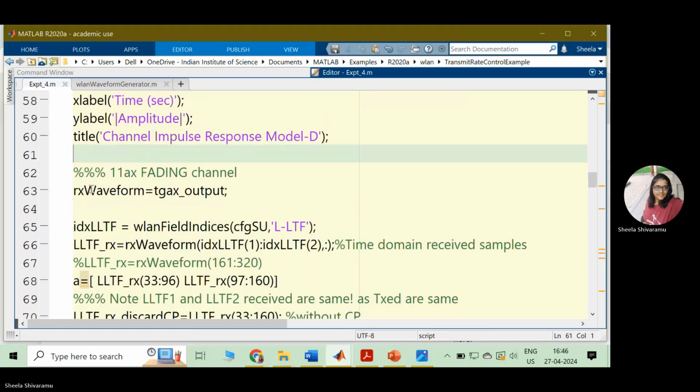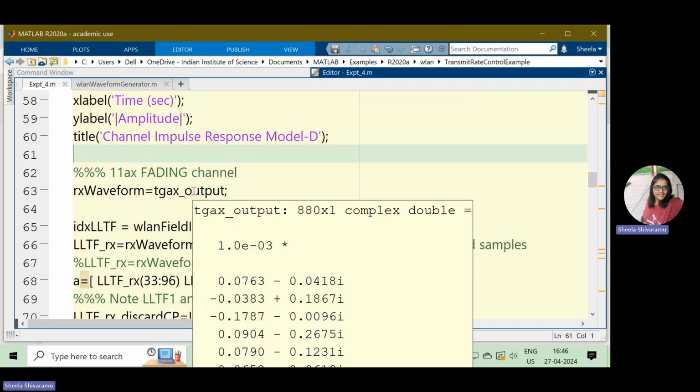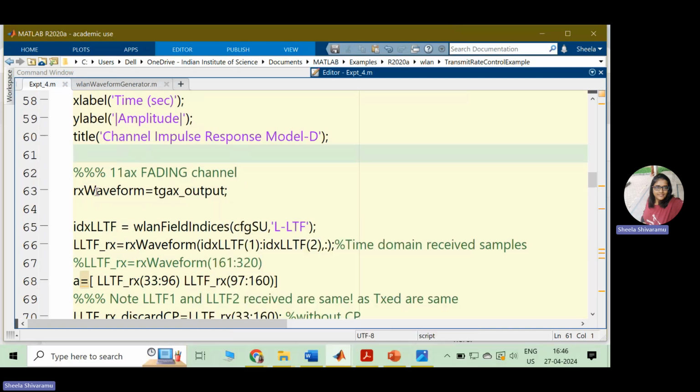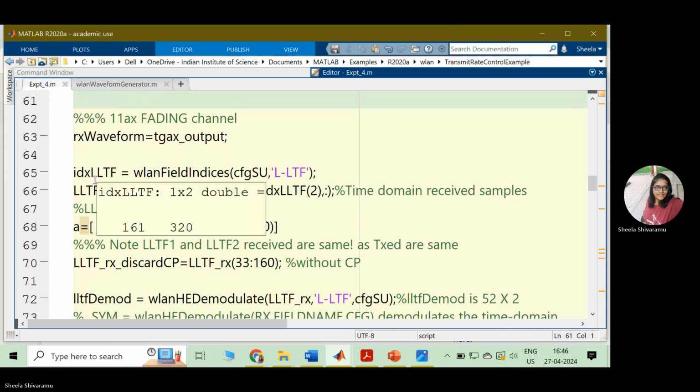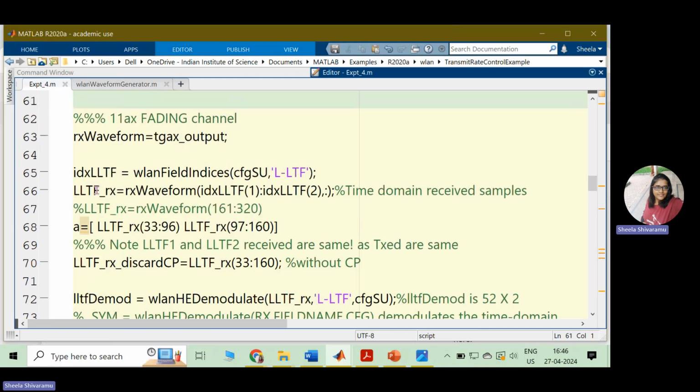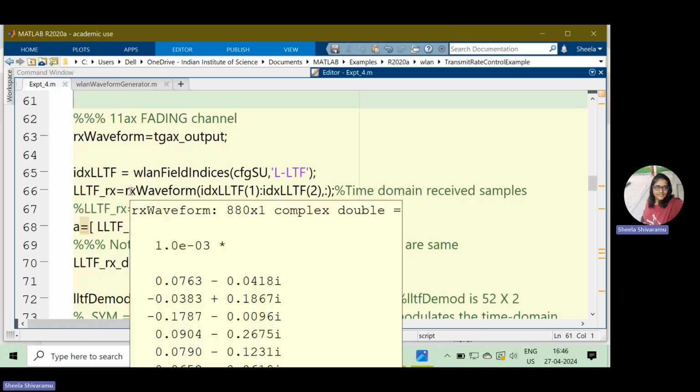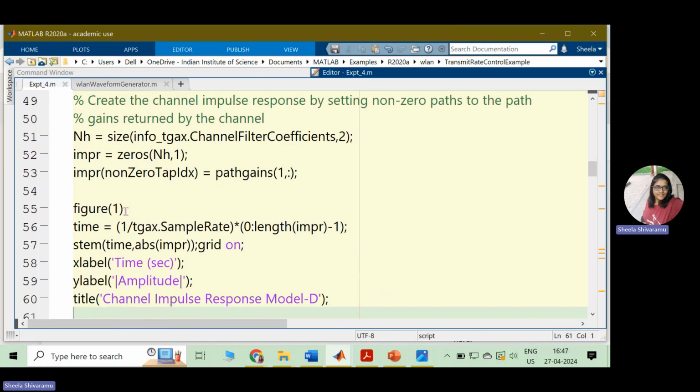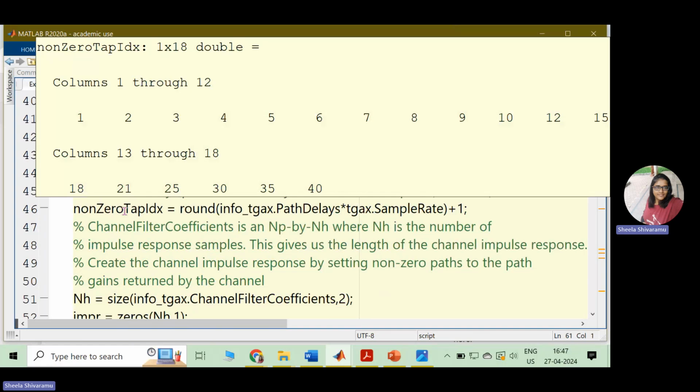Now the TGn output which is obtained from the channel, I'm storing it in the RX waveform, and I'm obtaining again the LLTF field indices. From the RX waveform, I am getting the actually received LLTF. Earlier I had the transmitted LLTF.